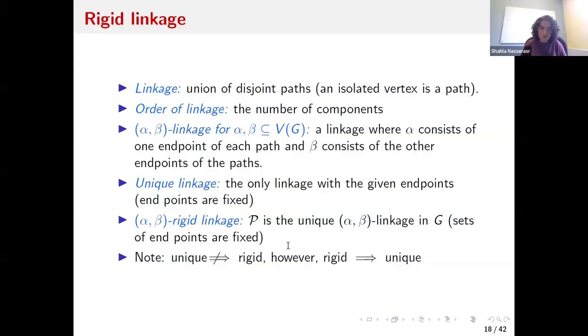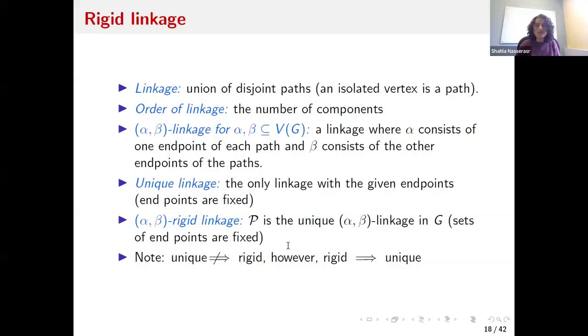We use these words in the paper. A linkage is simply the union of disjoint paths, and the order of the linkage is the number of paths. When we say alpha-beta linkage, that means the set of paths that start from the set alpha and end at the set beta. So alpha is one set of endpoints, beta is another set of endpoints.